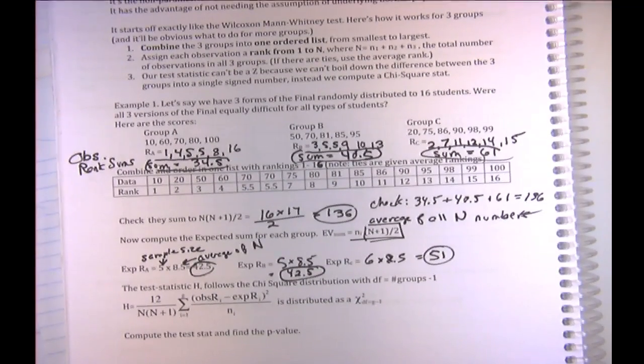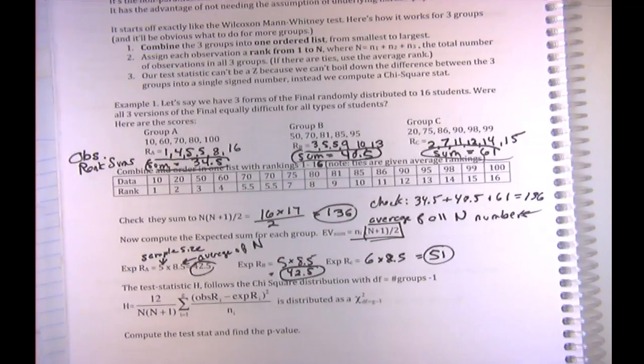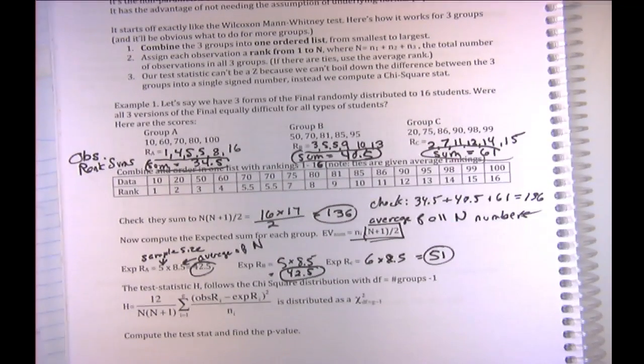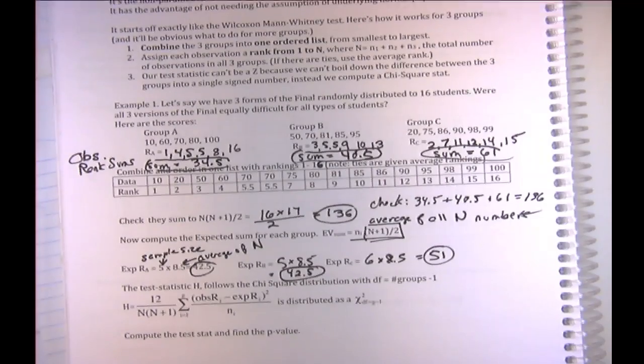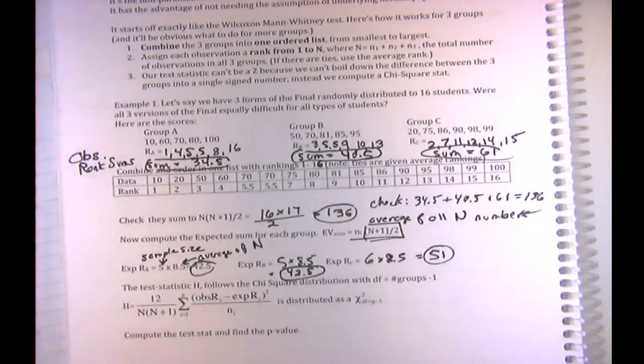We have to find a test statistic that captures what we want to find out, and what we want to find out is, are there any differences between the 3 groups? So we have to use a chi-square distribution to capture that test statistic, because we have to count all 3 groups and we have to square them. That's the idea. It's the same idea we've been talking about all semester.